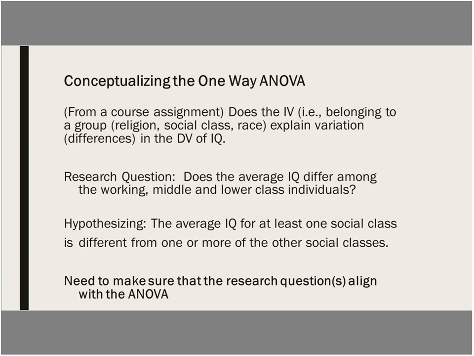So let's conceptualize the one-way ANOVA. I gave some conceptual information, but how can a researcher actually know they can use a one-way ANOVA? Well, this is from a course assignment that I had some time ago. The basic objective is, does the independent variable, i.e. belonging to a group, religion, social class, and race, explain the variation of the differences in the dependent variable of IQ?